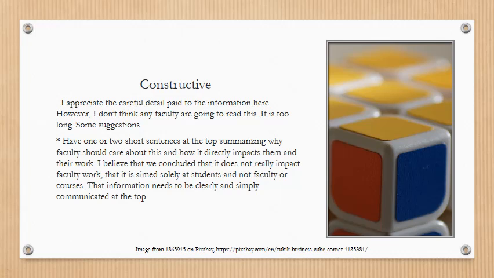Here's a question, here's an answer, and the answers were really long and really vague, or really neutrally worded, and in trying to neutrally word them, they ended up being really long and really vague. I noted that I appreciated his careful attention to detail, but I didn't think any faculty were going to read it because it's too long. And here's the constructive piece: have 1 or 2 short sentences at the top summarizing why faculty should care about this and how it directly impacts them in their work.